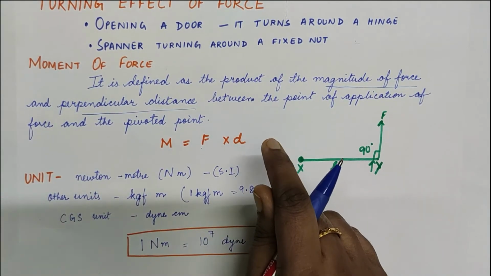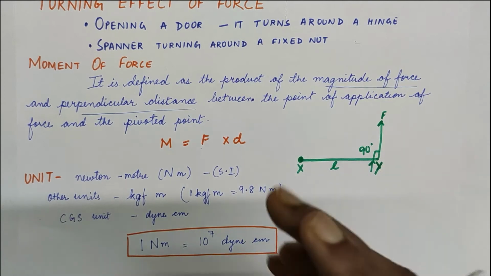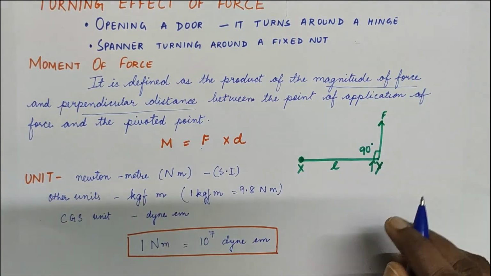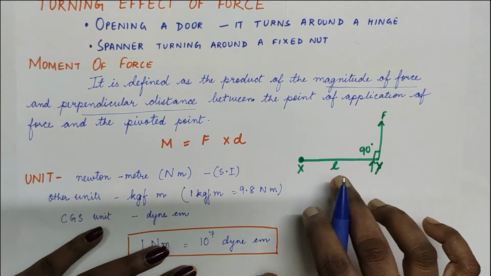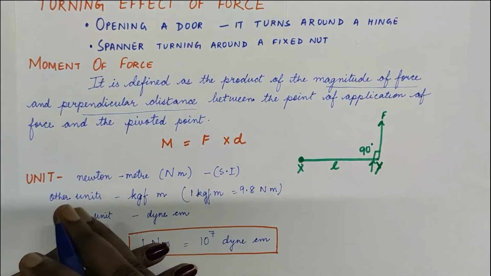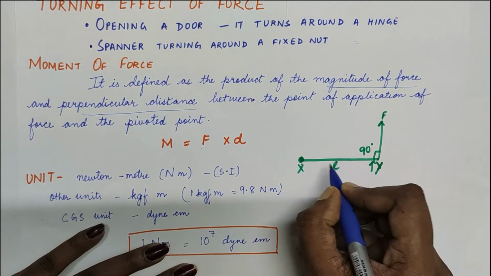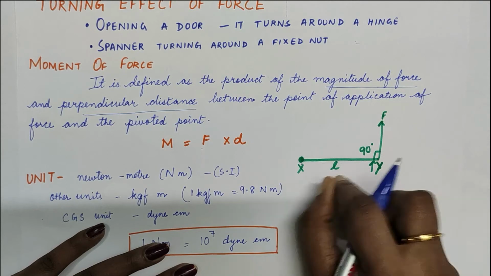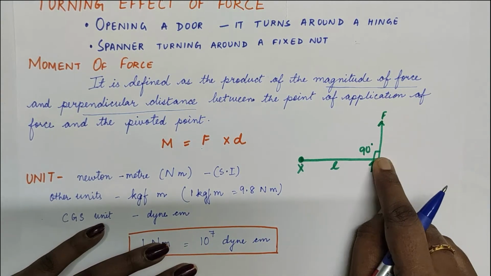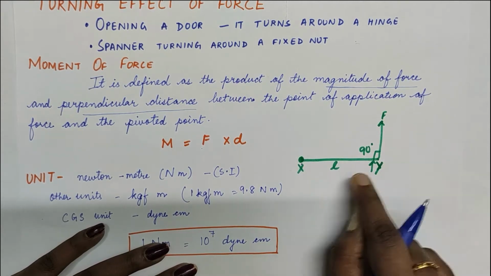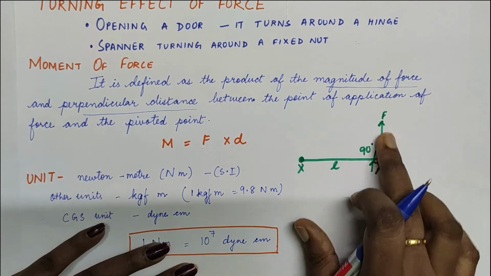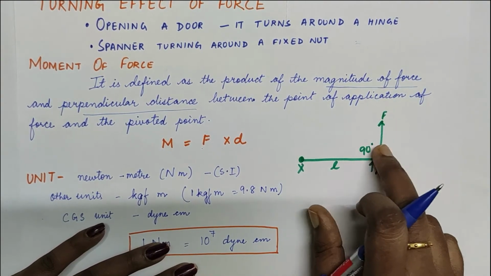And where are we applying the force? The force is applied at such a distance that the body moves easily. Suppose XY is a rod, pivoted. Pivoted means it is fixed at a point X. The length of the rod XY is L, and I am applying a force at point Y. The distance is L now, and when I push here, the force acts in a perpendicular direction.